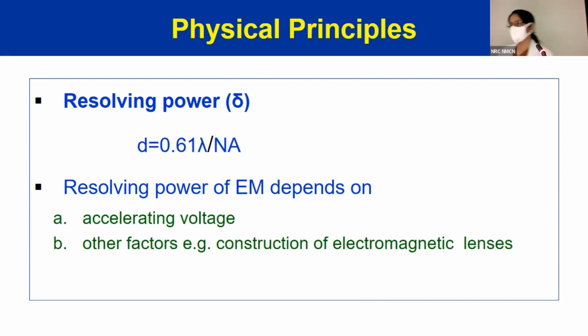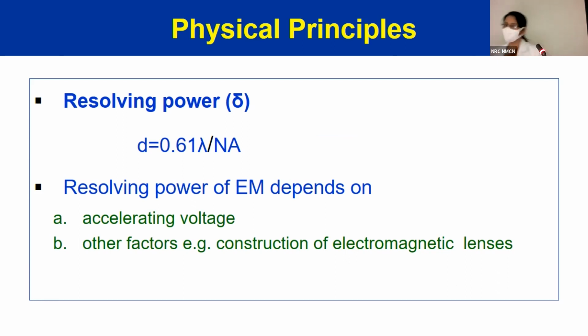So this is the crux of it. Lambda, that is what we're talking about. If lambda is small, the distance between the 2 points which can be resolved becomes small, and therefore the resolving power increases. Right? So that is why the scientists thought that because electrons have a very short wavelength, they can be used as a light source to increase the magnification and the resolving power.